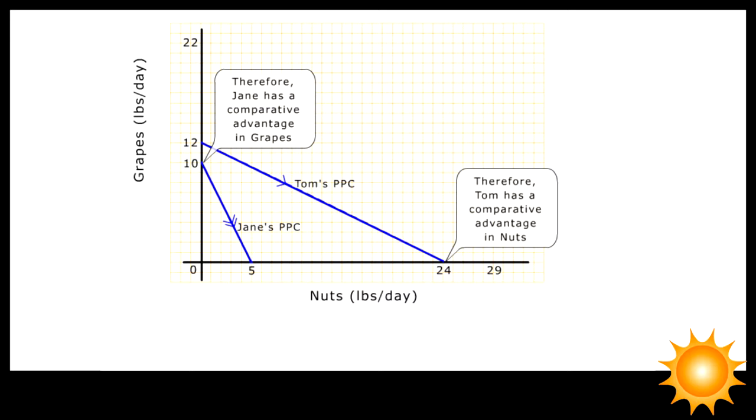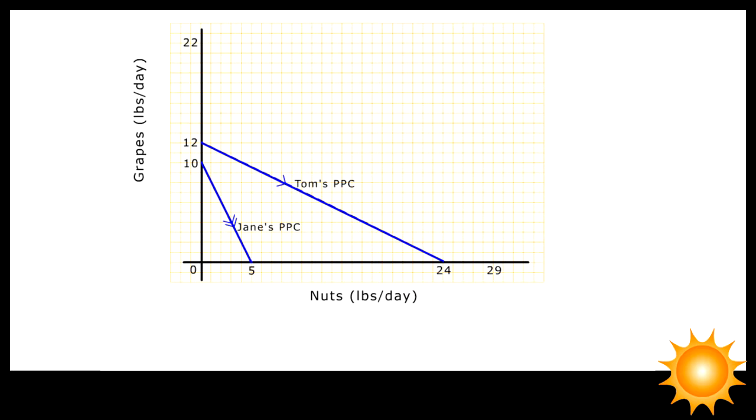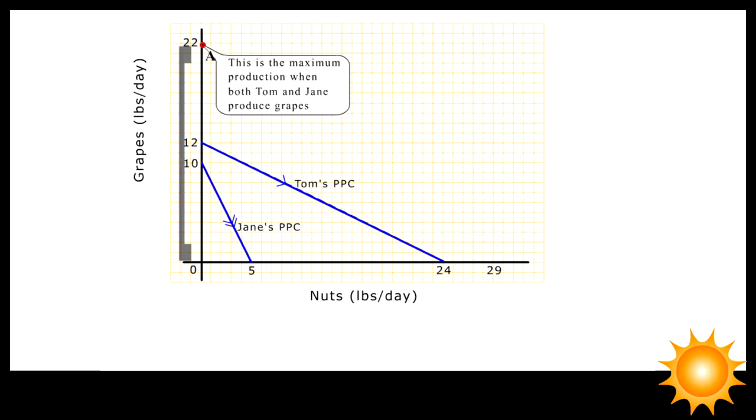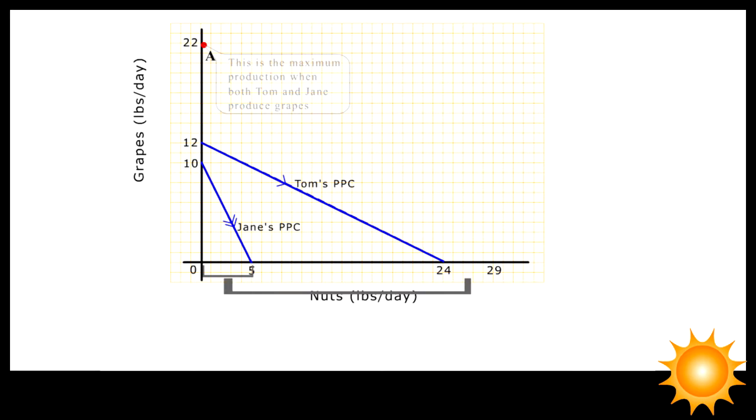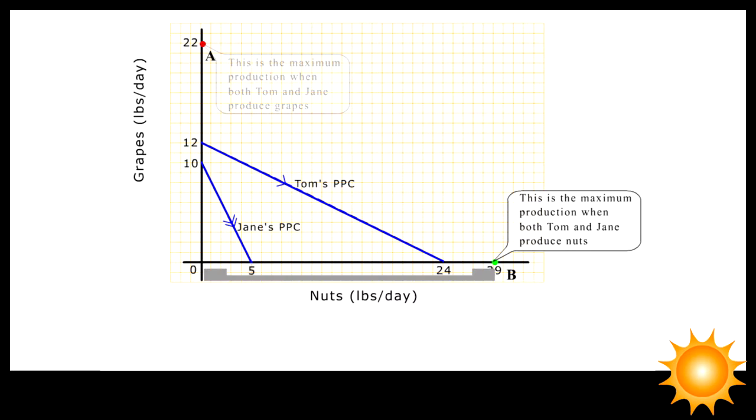The vertical intercept of the combined production function is the sum of the maximum grapes output from Tom and Jane when both are producing grapes exclusively. The horizontal intercept of the combined production function is the sum of the maximum nuts output from Tom and Jane when both are producing nuts exclusively.